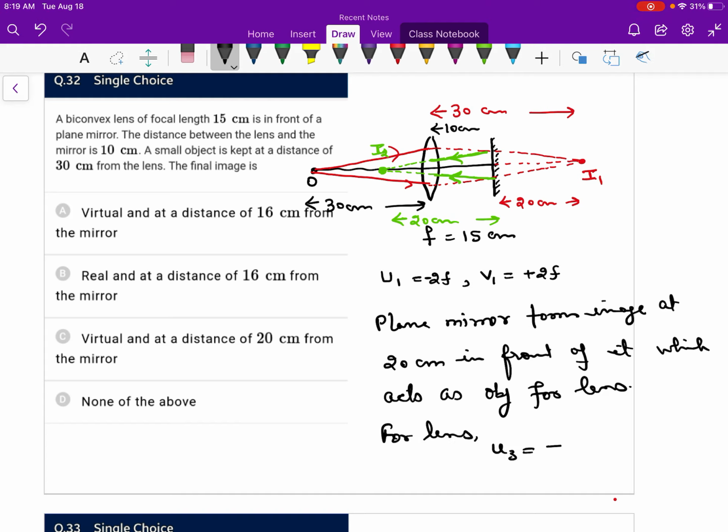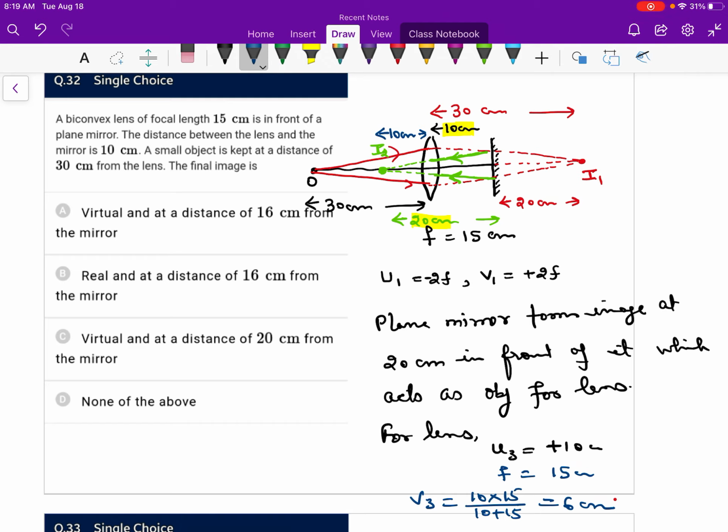Now for the lens, u3 is plus 10 centimeter, because the total distance is 20 centimeter and this is 10 centimeter. So the distance of I2 from the lens is 10 centimeter. So u3 is plus 10, f is 15 centimeter. Now v3 is uf upon u plus f, so 10 into 15 upon 10 plus 15, that is 6 centimeter.